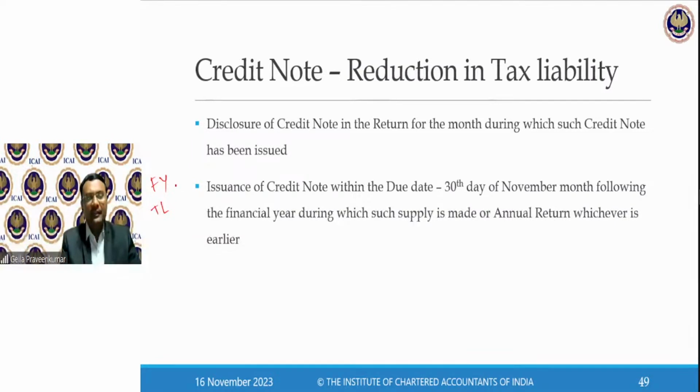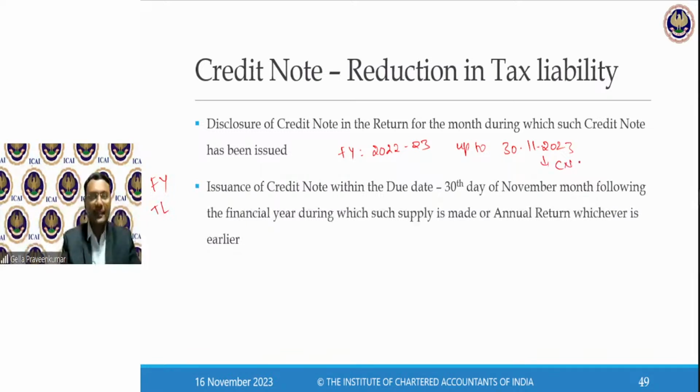Let me give an example of financial year 22-23. For 22-23, my time limit is up to 30th November 2023. I can issue a credit note.